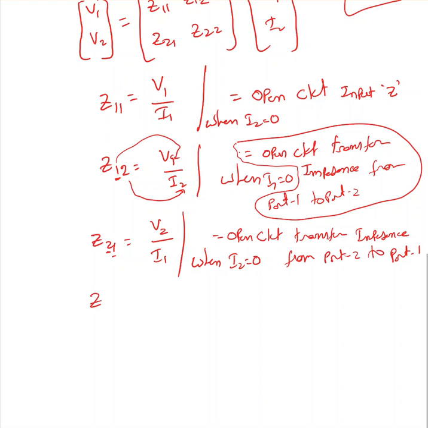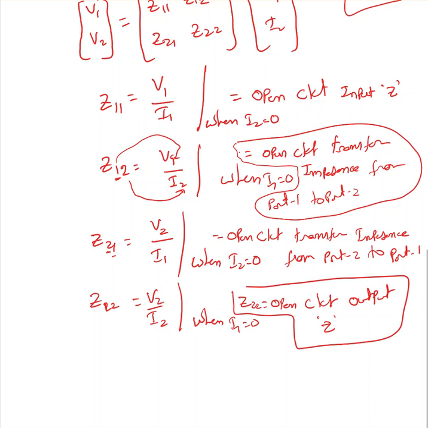And the last one is Z22, which is V2 over I2 when I1 equal to 0. This is open circuit output impedance. These are the Z parameters.